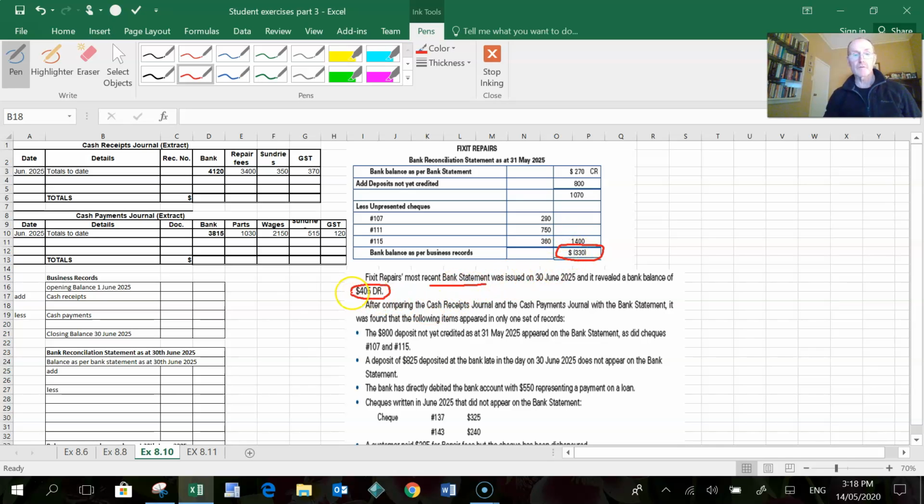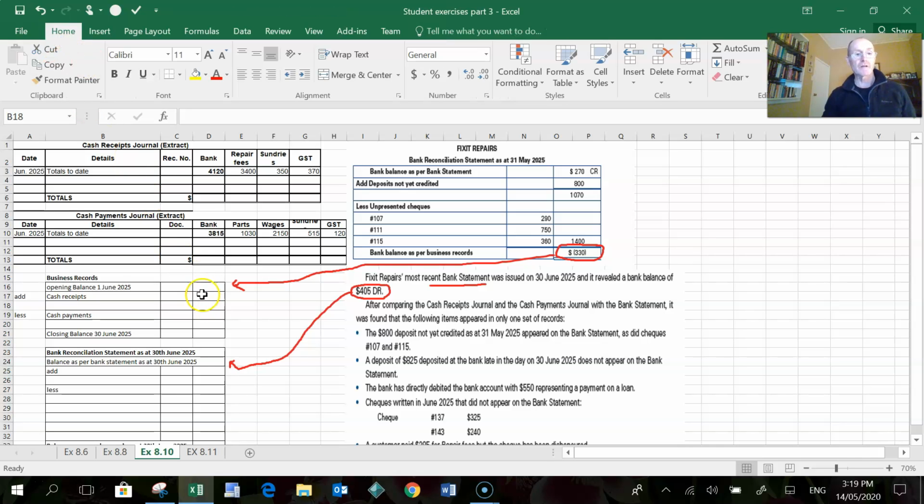This one will go here as your balance as per bank statement at the end of the month, and this one will go over in the accounting records at the start of the month. So for your records, you're looking for the balance at the start of the month. For the bank reconciliation statement, you're looking for the bank statement figure at the end of the month.